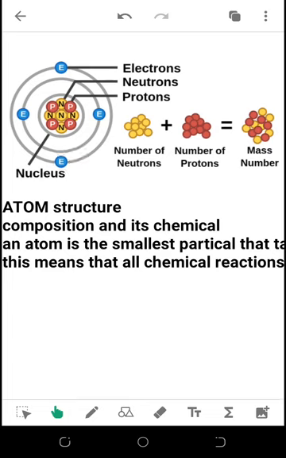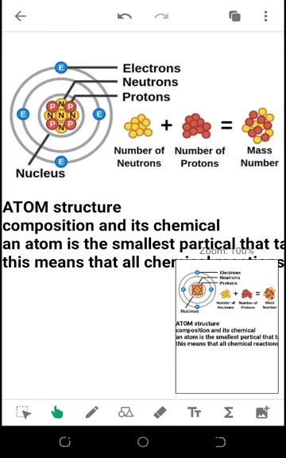Now, these electrons are found in these regions, which are called the shells, but it's not every part of the shell that contains an electron. And when we talk of the region where you can find this electron, that region is called an orbital.